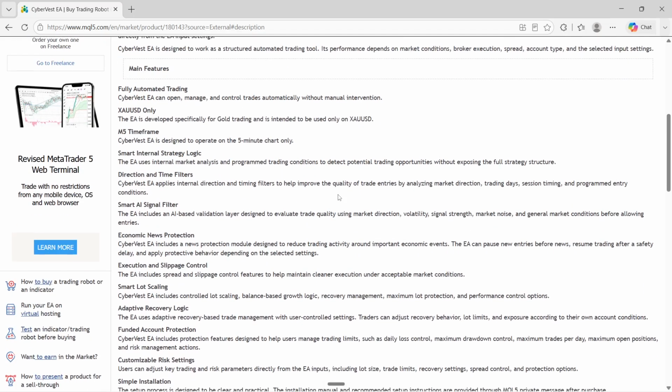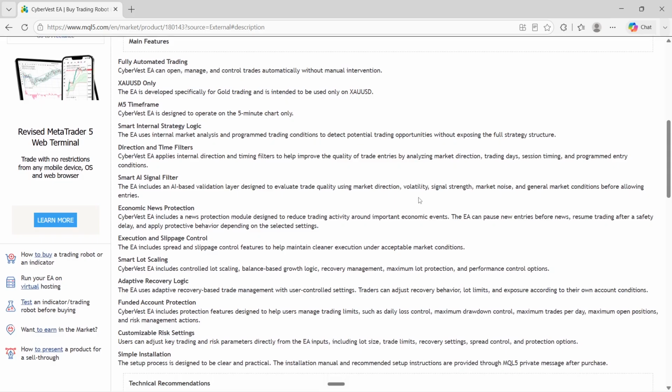The key features include the XAUUSD only focus on M5, multiple internal filters and AI signal validation, news protection module, smart loss scaling with recovery management, maximum lots and exposure controls, funded account protection tools, and customizable risk parameters.